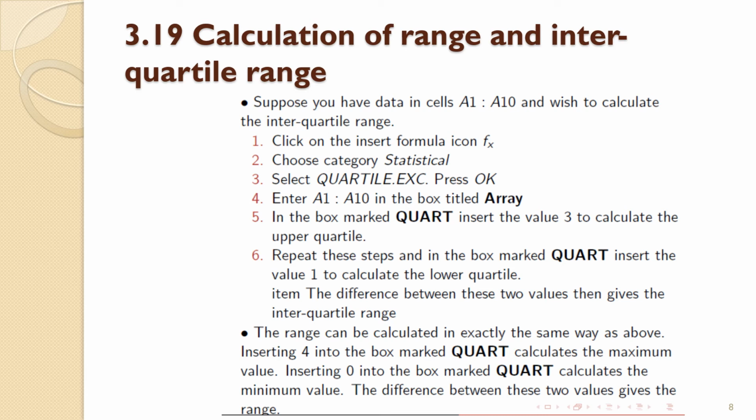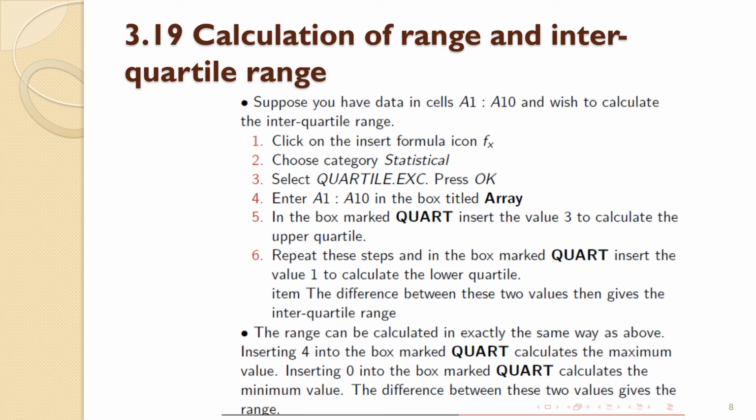So in order to do the interquartile range, select A10, click on the formula icon, choose the category statistical, then QUARTILE. In the box entitled array, put the data, and in the box marked quart, put the quartile number. Do exactly the same for the lower quartile, and then if you subtract one from the other, you can calculate the interquartile range.